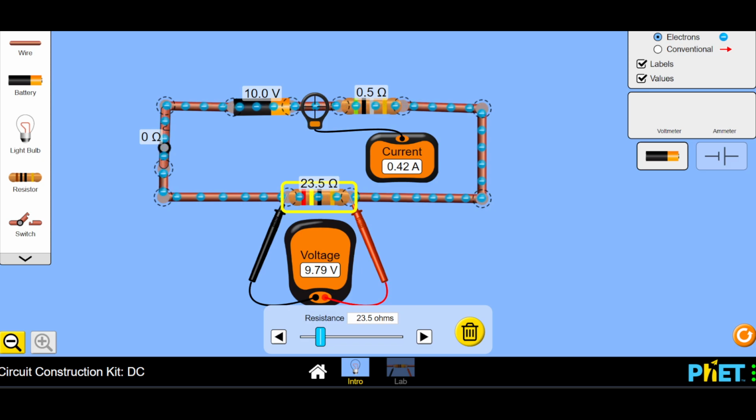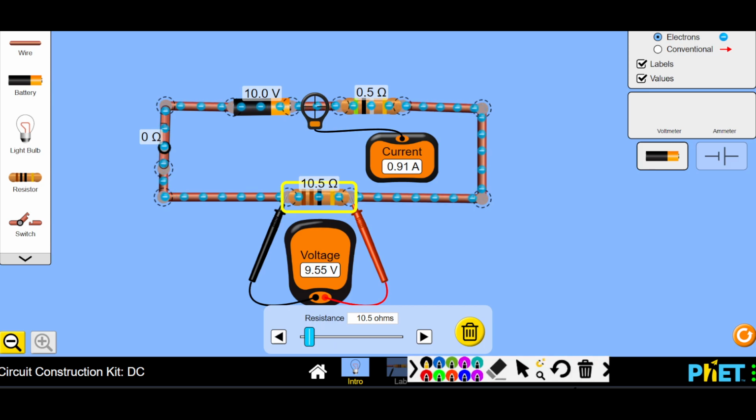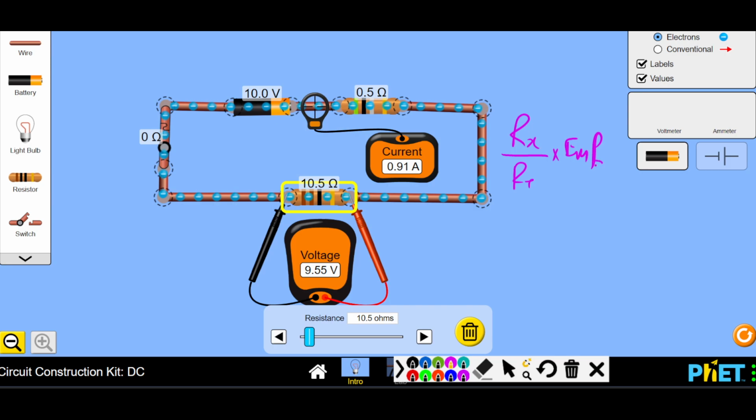There is no difference to the voltage of the EMF, but the current decreases. Of course, according to the potential divider rule, if you increase the resistance, its share of the voltage also increases, using Rx divided by R total multiplied by EMF. I'm sure we are familiar with that as well.